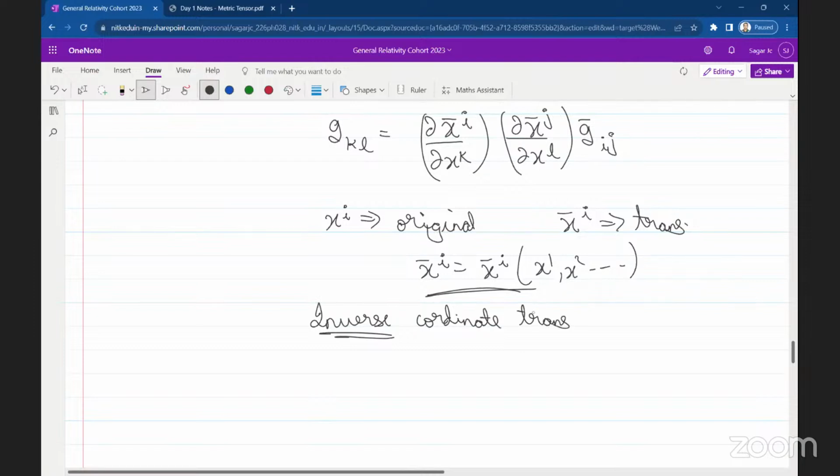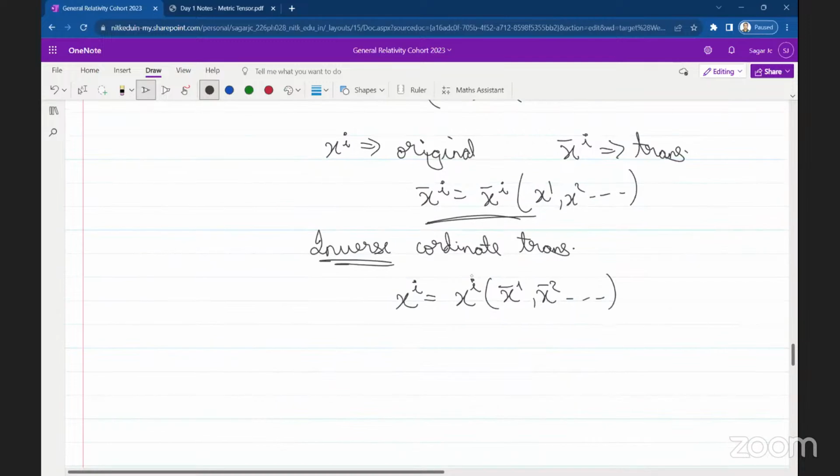So because of this inverse coordinate transformation, what can I write? I can write x1 is equal to x1 of x bar 1, x bar 2, and so on. Or in general, x^i is equal to x^i as a function of x bar 1, x bar 2, and so on.